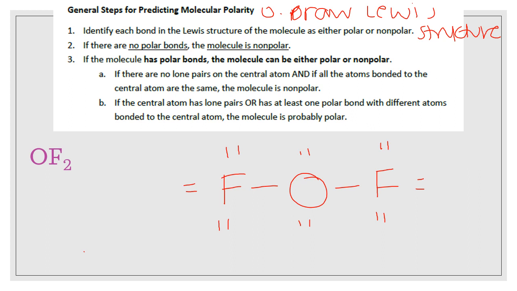The shape is not correct, and shapes for polarity actually end up being very important. My center atom has 2 lone pairs on it and then 2 things attached. So this has bent geometry, and I need to draw it bent. So I'm going to erase this and redraw it. Correct.